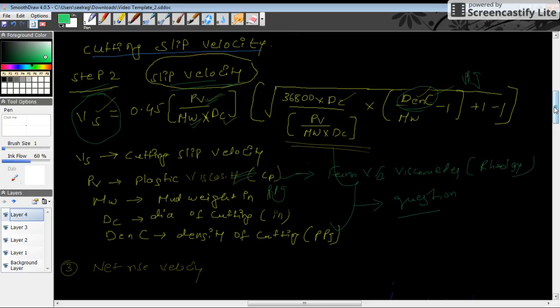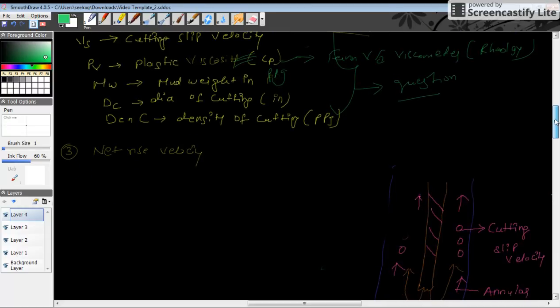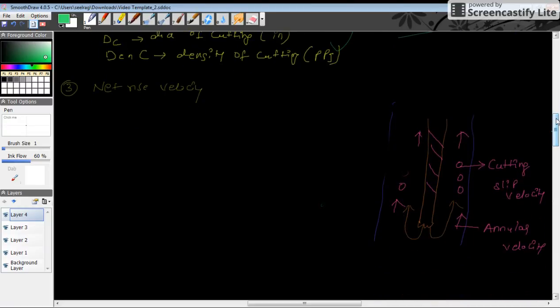After calculating Vs, we are going to calculate the net rise velocity. What is net rise velocity and why do we need to calculate it? Before that, consider this to be a wellbore, and this is the BHA and the drill bit.